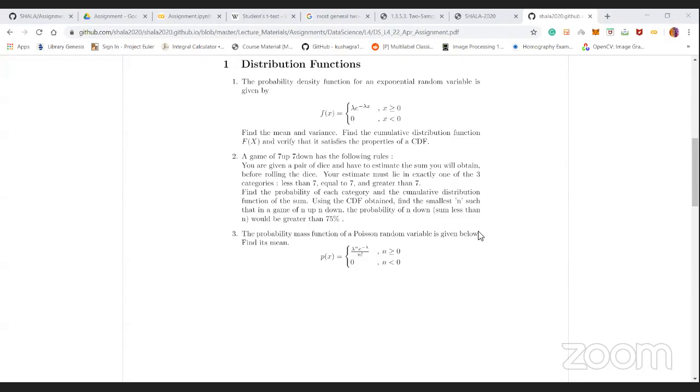So for getting 5 heads and 5 tails, the probability will be p power 5 and 1 minus p power 5, and this is possible for any 5 of the 10 outcomes. So you choose 5 from the 10. That's why the probability that you get 5 heads will be 10c5, which is the number of ways you can get 5 heads, times p power 5 into 1 minus p power 5.